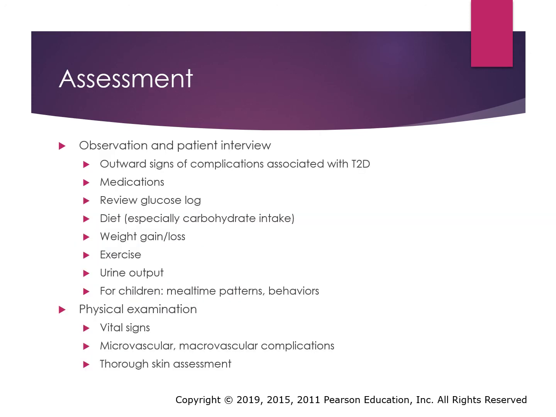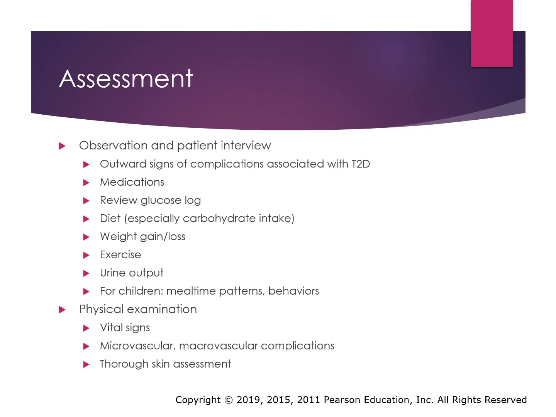So you want to observe the patient for any outward signs of complications during the interview, determine which medications are prescribed, and review the glucose log. Make sure they're checking their blood sugar, talk to them about their diet, especially the carbohydrate intake and the sugar intake. Have they lost any weight? What's their exercise program?